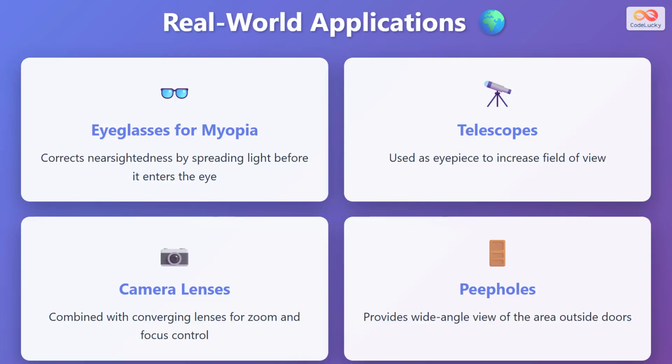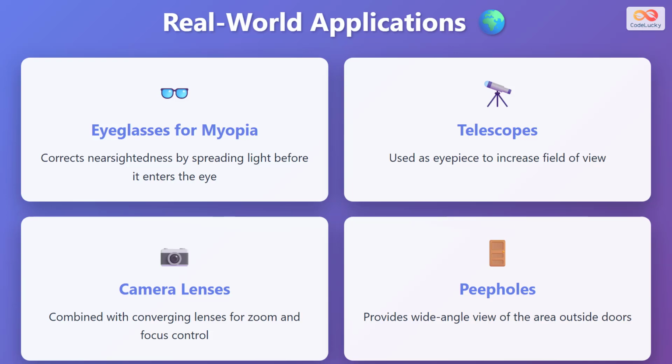Diverging lenses have many practical applications in the real world. They are most commonly used in eyeglasses to correct myopia or nearsightedness. In this condition, light focuses in front of the retina, and diverging lenses help spread the light so it focuses correctly on the retina. Diverging lenses are also used in telescopes as eyepieces to increase the field of view, allowing us to see more of the sky at once.